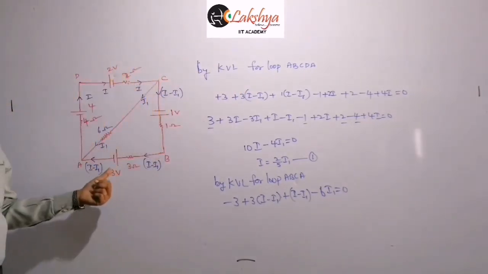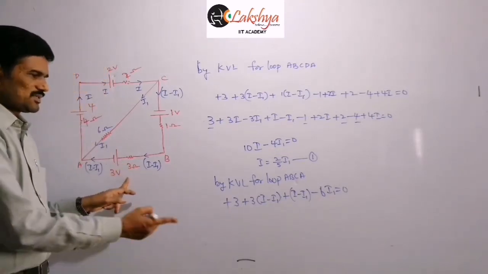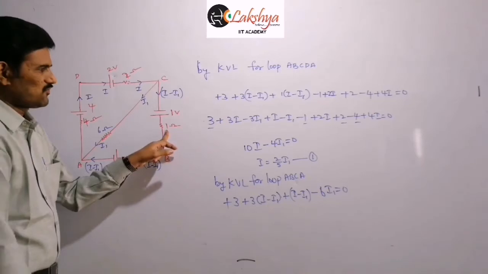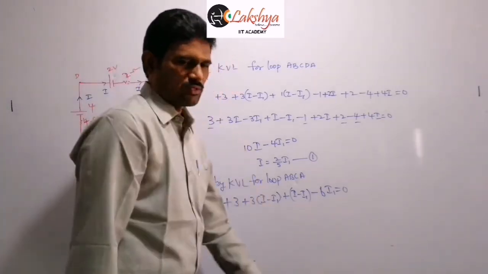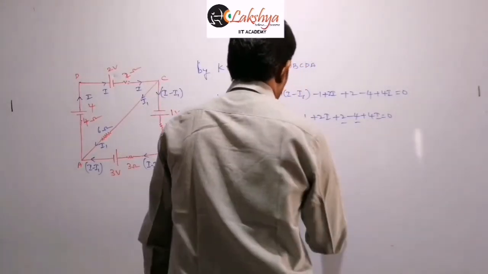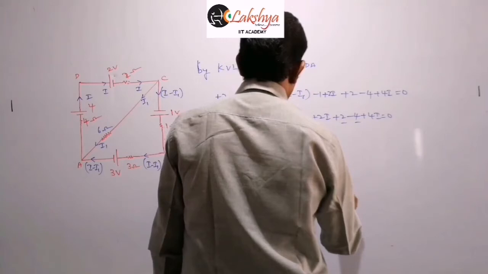So minus, this is plus 3 and this is plus 3 into I, the IR formula, and this is also plus IR formula, and this is minus 1, so here minus 1 should be there. So this is minus 1 and then after that minus 6i1.